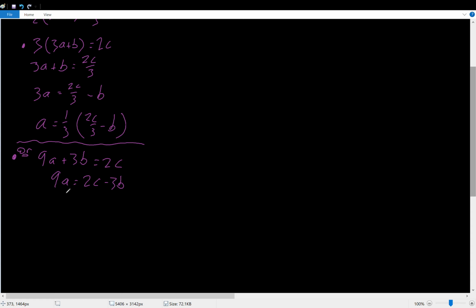And then all we need to do to get a on its own is bring our multiply by 9 over, in which case we get a is equal to 2c minus 3b all over 9, like that. Which again is a perfectly acceptable solution to the question that is posed above. Either one of the answers that I've given would work just fine if you were given this question.